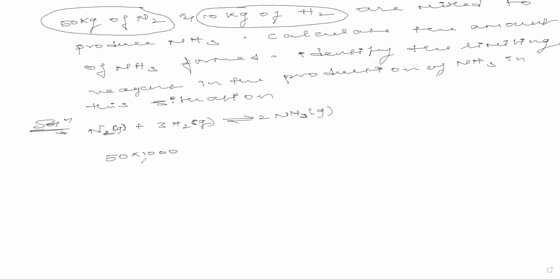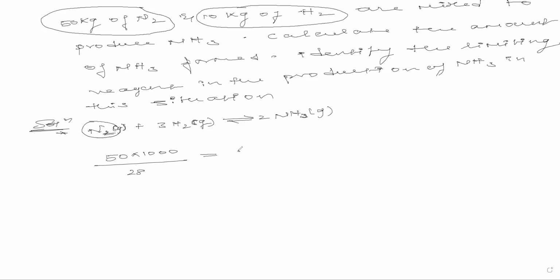After that, what is the mass of nitrogen? This is the given mass. Moles equal given mass divided by molar mass. The given mass is 50 kg, which you convert into grams, and the molar mass of nitrogen is 14 plus 14, so that is 28.